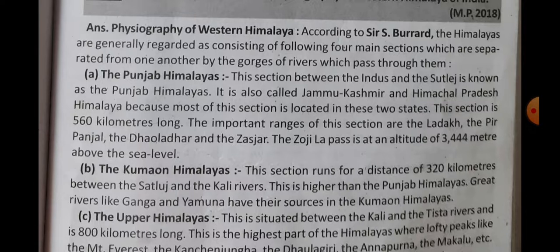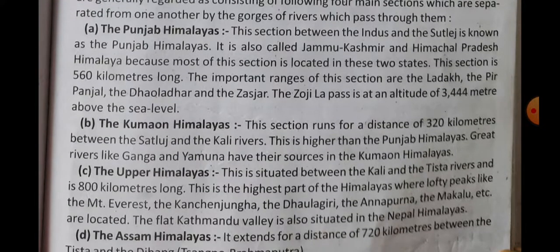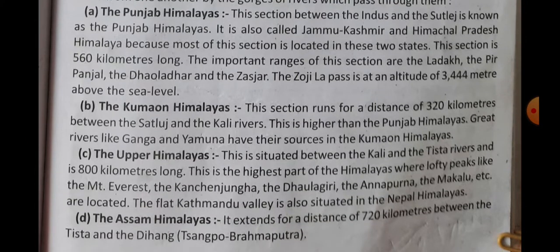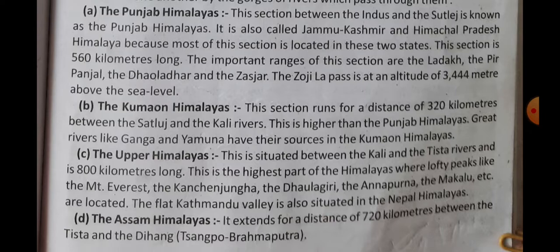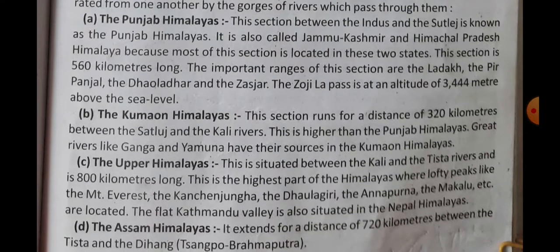This section between the Indus and the Satluj is known as Punjab Himalayas. It is also called Jammu Kashmir and the Himachal Pradesh Himalaya because most of this section is located in these two states.